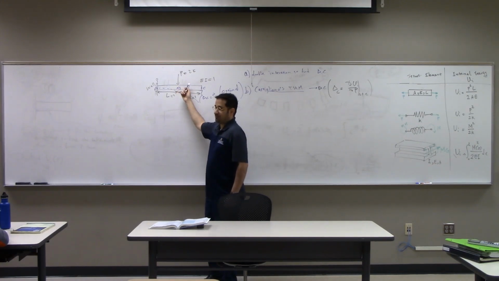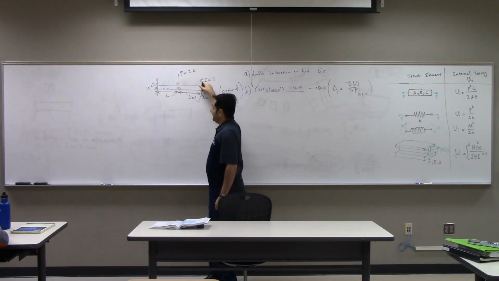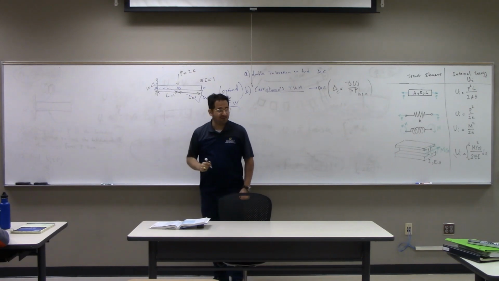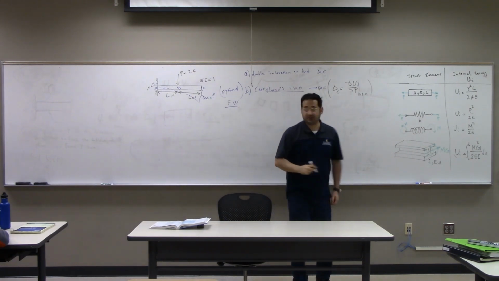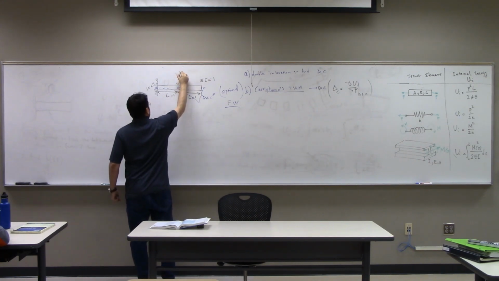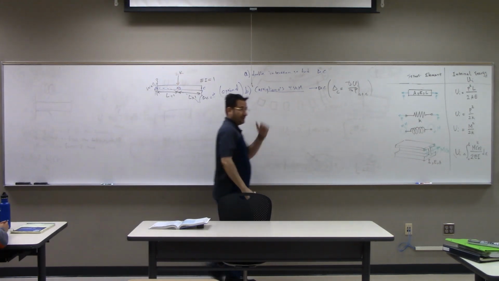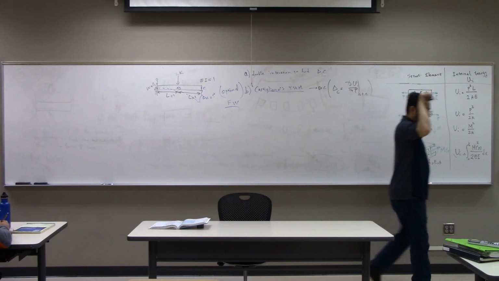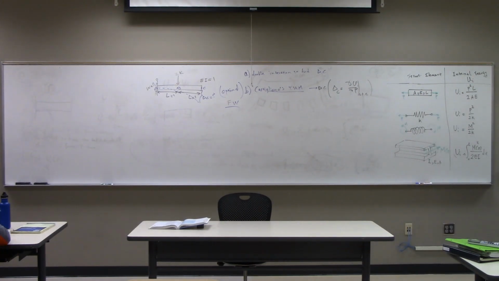It's applied at point C like this, not this P. Let's just say this is 2k. See that? Not that P. The P that is applied at point C downward.